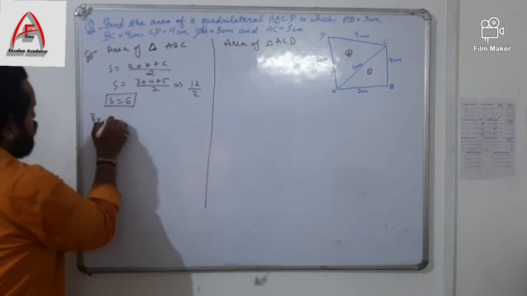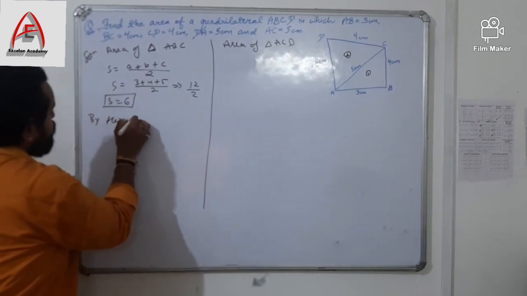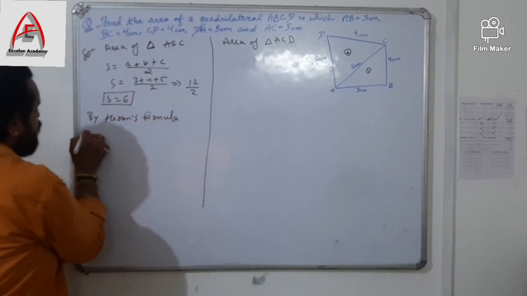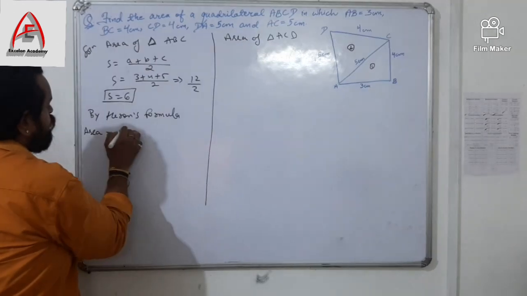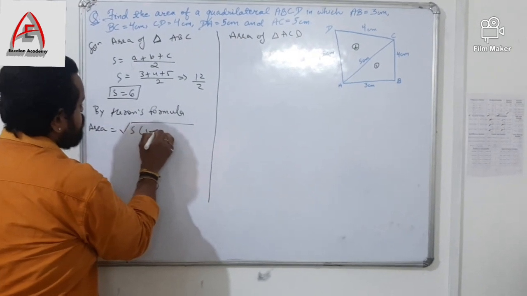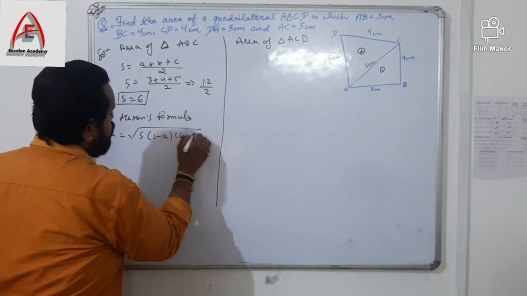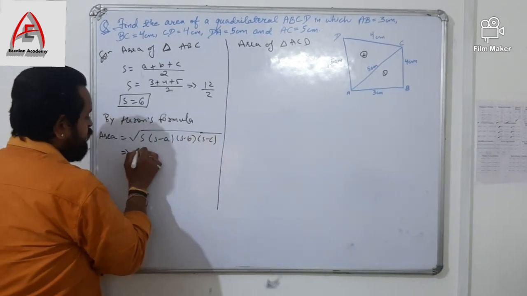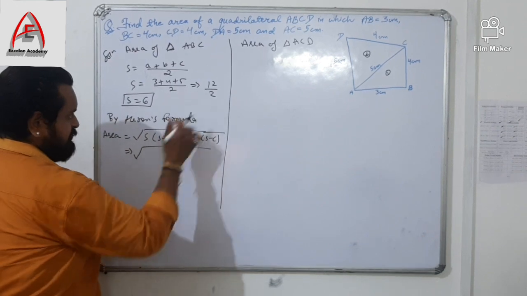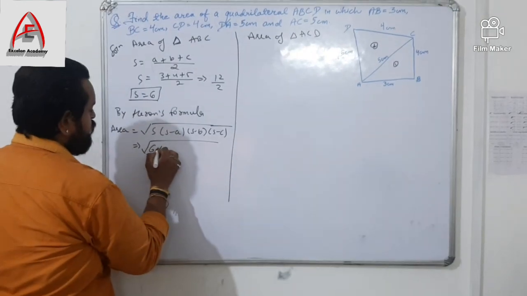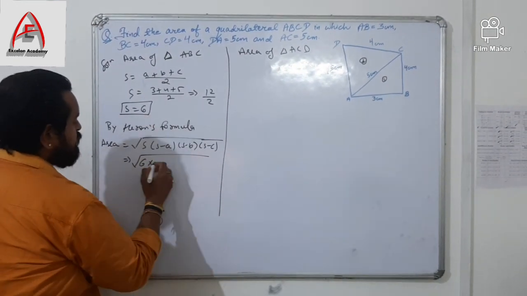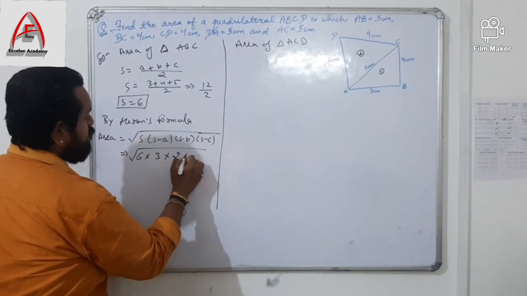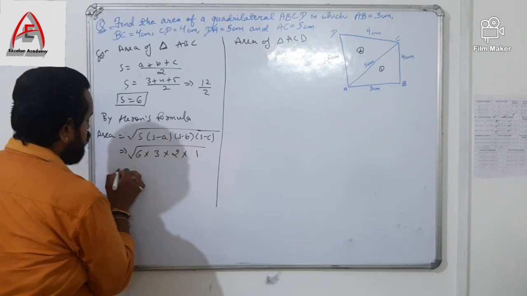Now by Heron's formula. See, Heron's formula is area is equal to under root S, S minus A, S minus B and S minus C. Directly I am writing the values here. S is 6 into 6 minus 3 is 3, 6 minus 4 is 2 and 6 minus 5 is 1.